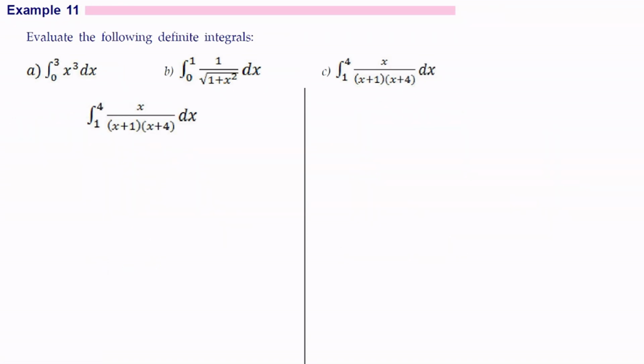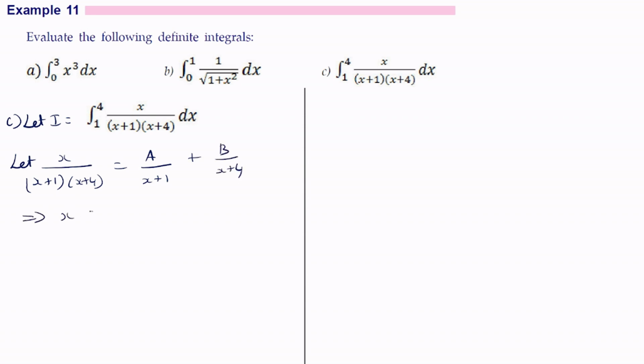Let us move on to the next subdivision. C part, let us take I equal to integral 0 to 4 x by x plus 1 into x plus 4 dx. So here we can integrate this using partial fractions. So let us take x upon x plus 1 into x plus 4 equal to a by x plus 1 plus b by x plus 4.